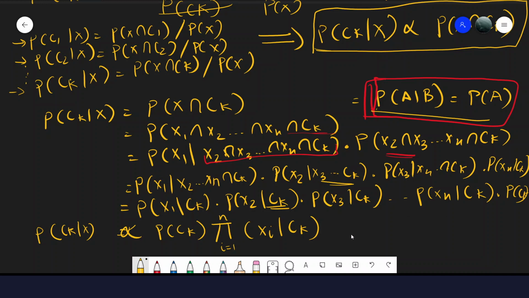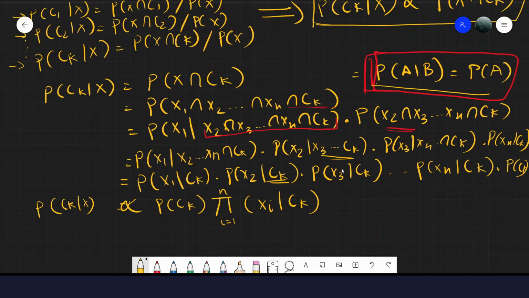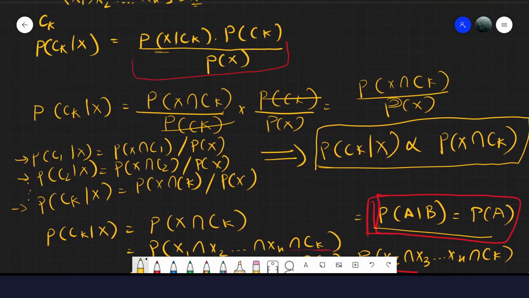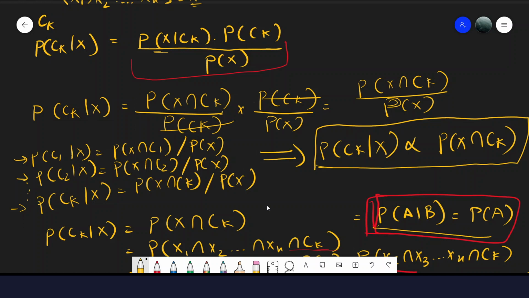And then once I've written it this way, I can change this to P of ck given x is equal to 1 by z, because this was proportional here, right? You remember I took the P of x out from the denominator. If you go up here, since P of x appears everywhere in all of them, I can take it out and write that P of ck given x is proportional to P of x and ck, right?